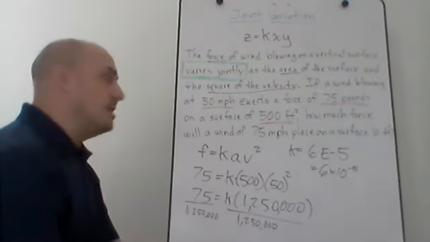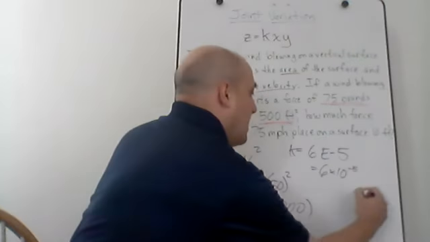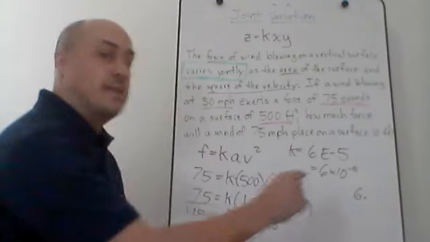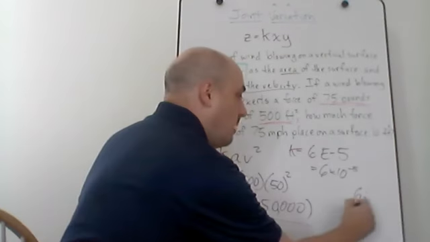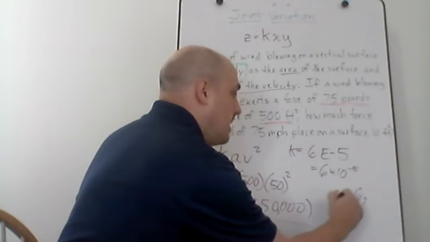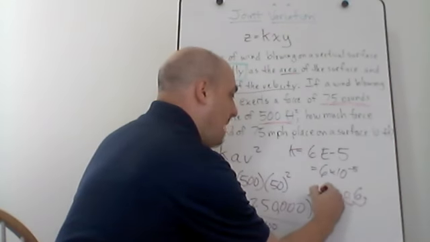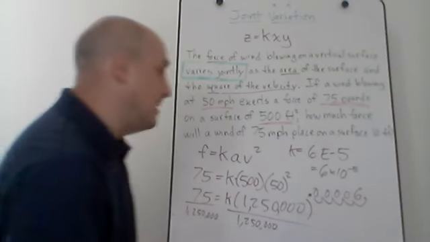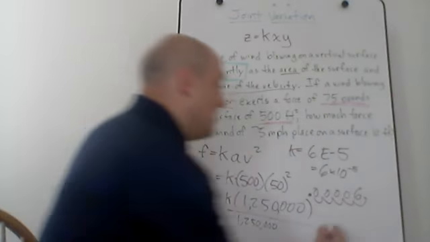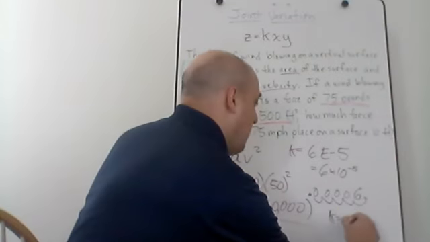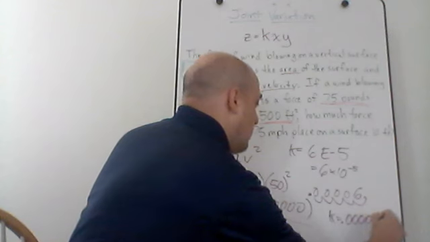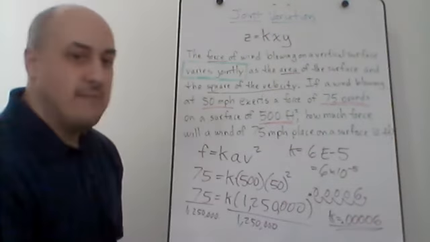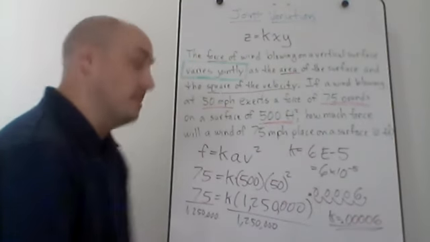If you remember scientific notation, it's that number 6 with the decimal point here, and then we move that decimal point 5 places to the right. So 1, 2, 3, 4, 5. Which means we have to add 4 zeros in front of that 6, and then that's our K value. So my K is equal to 0.00006. That's the K value in this particular situation.